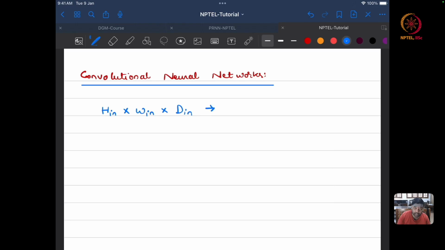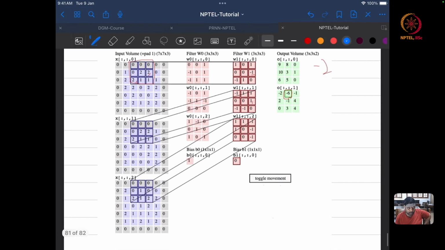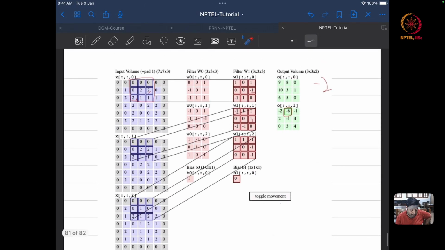In our current example, this is 5 cross 5 cross 3. Please don't consider it post padding. Whenever we say image size, we are considering the pre-padding data, which is this. On this you are applying a 3 cross 3 filter.